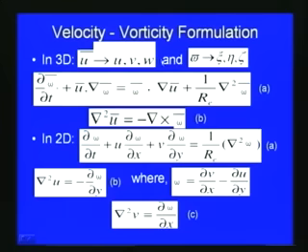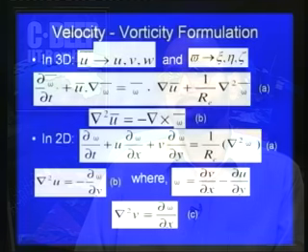Here we transform the primitive variable formulation that we have already derived in terms of another important variable called vorticity. So, finally, we get the equations in terms of velocity and vorticity.